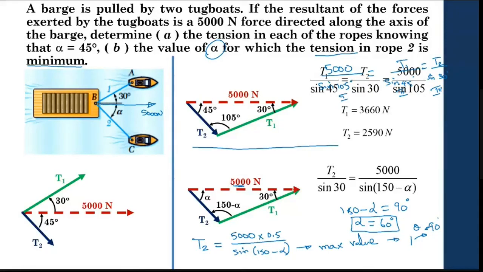To get minimum value, your sine value should be maximum, which means maximum value of sine is 1, which means the angle is 90 degree. So I am substituting 150 minus alpha is 90, which is 60 degree, right? This is the answer. Alpha is equal to 60 degree.